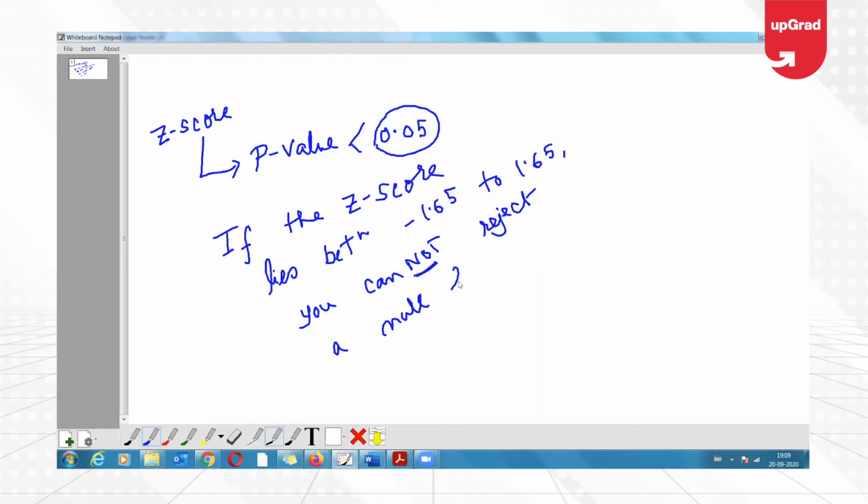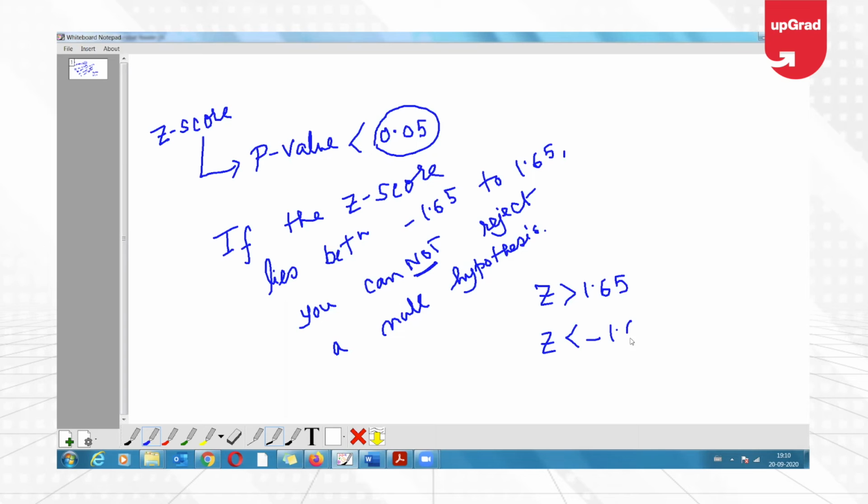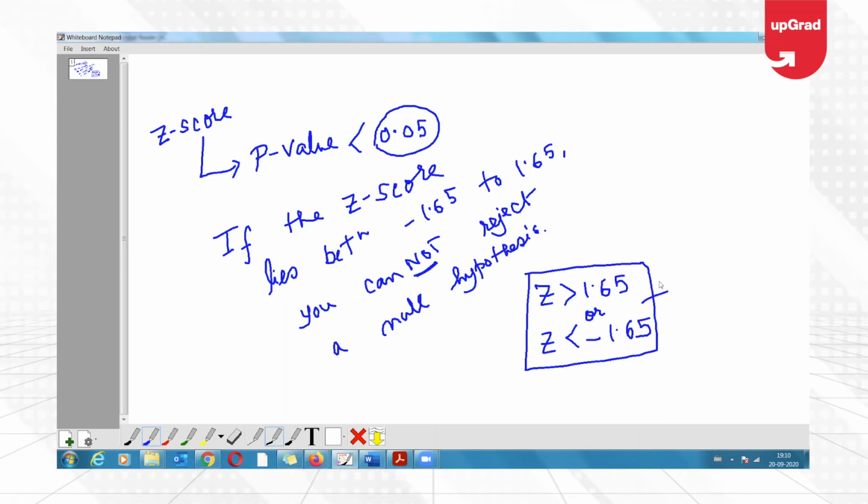If it's beyond this range, then you can. So if the z-score is greater than 1.65, or if the z-score is less than minus 1.65, if these two scenarios occur, then you can reject the null hypothesis.